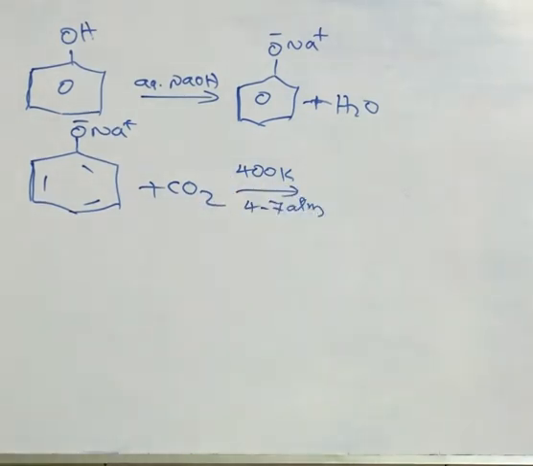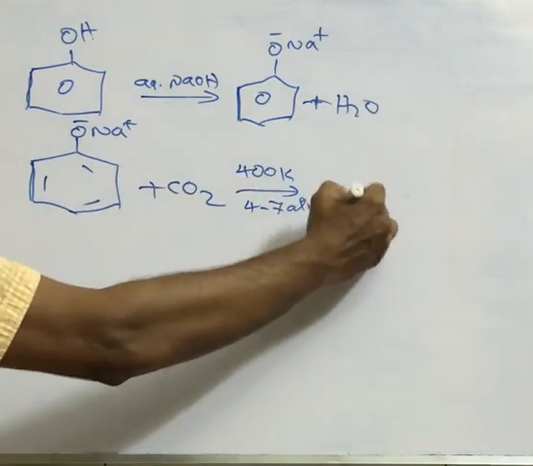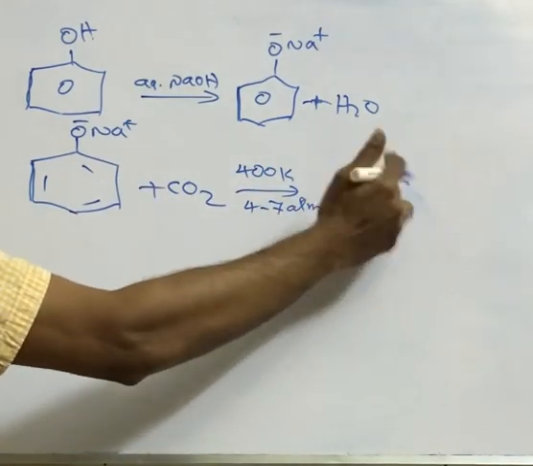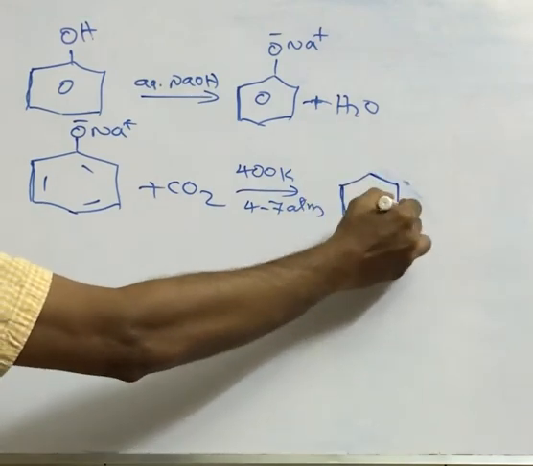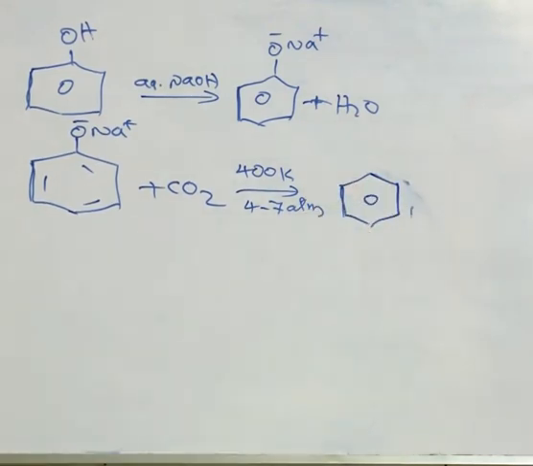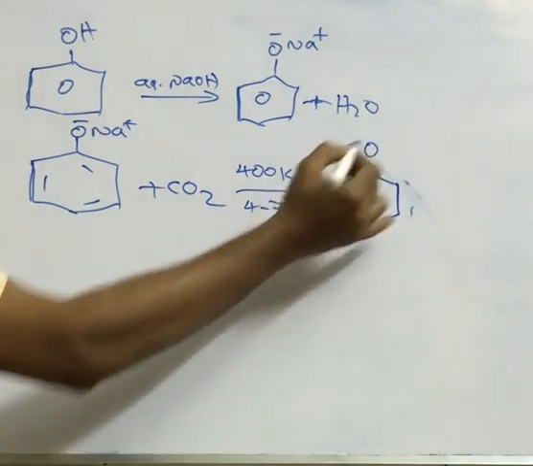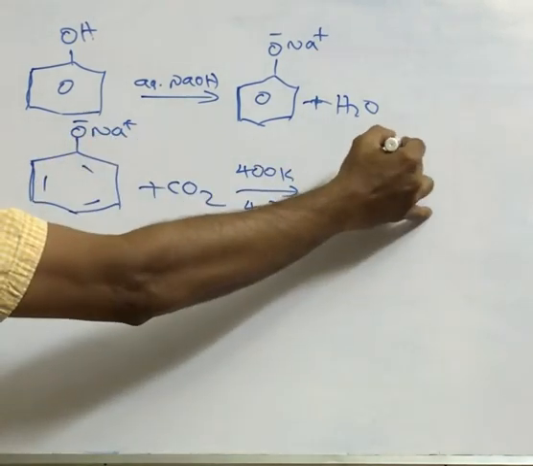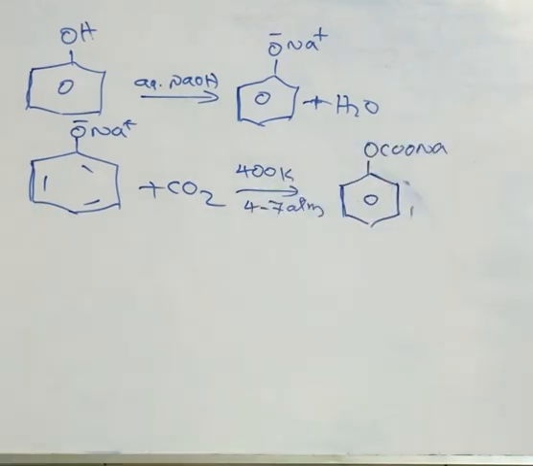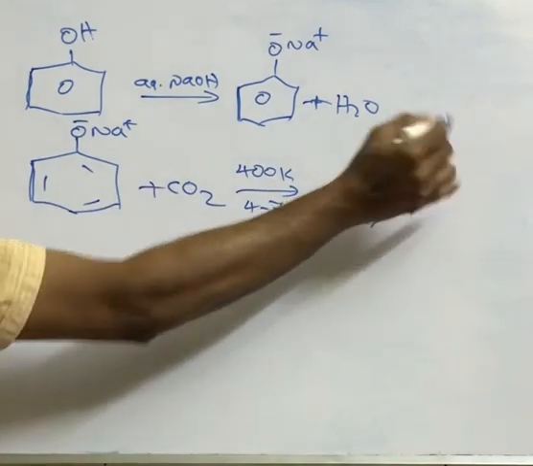So the sodium phenoxide can be treated with CO2. Then you will be getting the compound where just the CO2 will be added. You can see this is phenol and O here, COONa. So the CO2 group attacks here, and we will get COONa here. This is an acid salt.